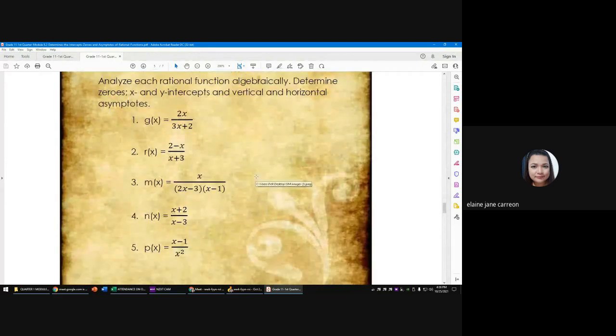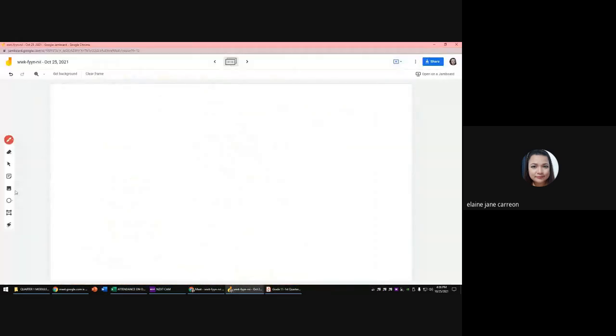So, number 1 is g of x. Assessment card. Para mas marami kayong example. Kung malapit kayo dun sa mga kaklase nyo na walang internet, pakishare na lang sa kanila kung ano yung mga napag-aralan.